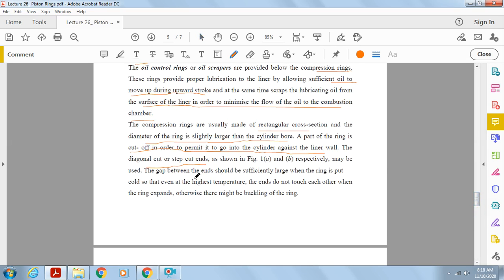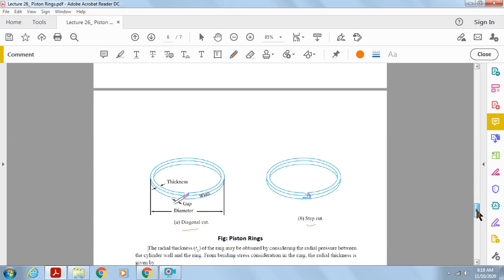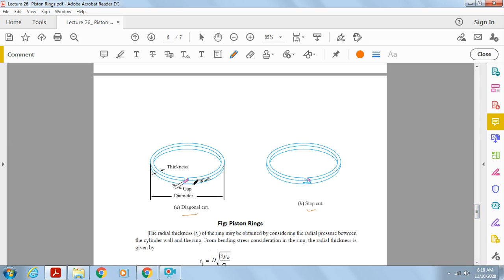The gap between the ends should be sufficiently large when the ring is put cold, so that even at the highest temperature the ends do not touch each other when the ring expands, otherwise there might be buckling of the ring. So this is the gap, and why is this gap provided? Because of the higher temperature, the ring material will try to expand.